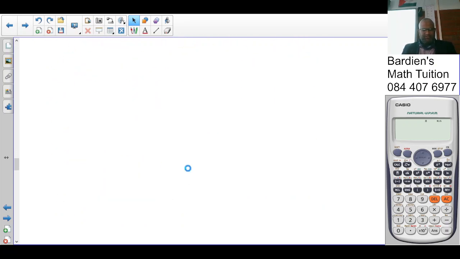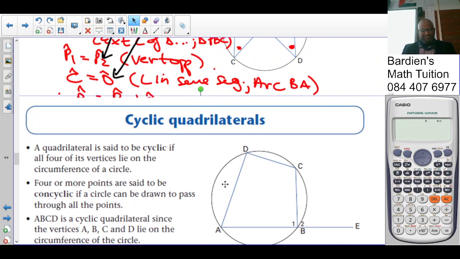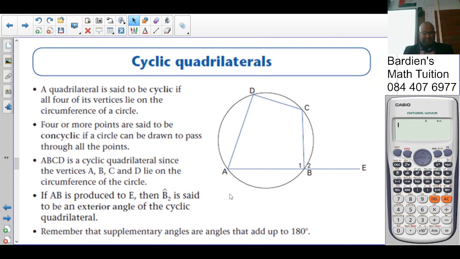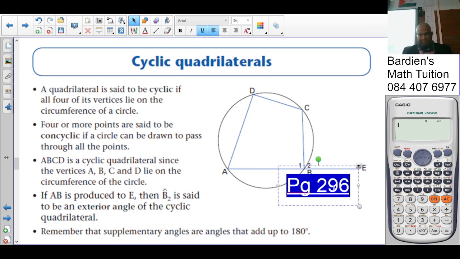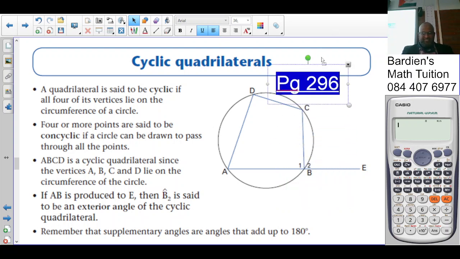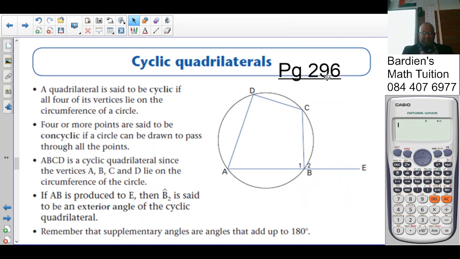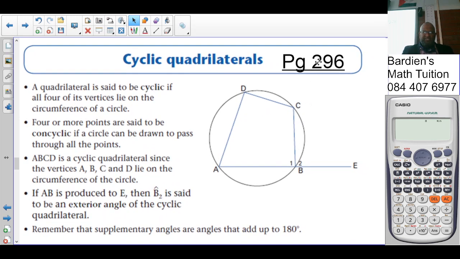What page is this on? 296. Okay, so on page 296 we are introduced to cyclic quadrilaterals. So you know what a quadrilateral is?